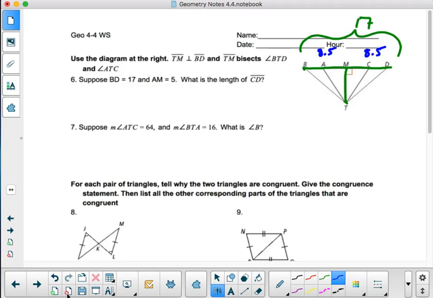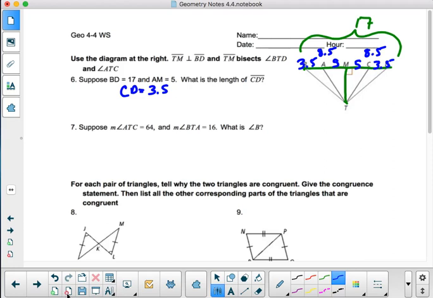If AM is 5, I know that BA must be 3.5 and CD must also be 3.5 because this also is 5. They're asking me the length of CD, and my length of CD happens to be 3.5. These are from properties of perpendicular bisector, isosceles triangle and angle bisector.